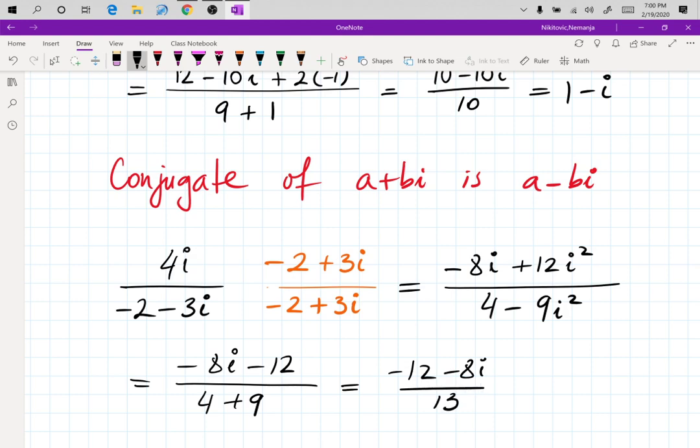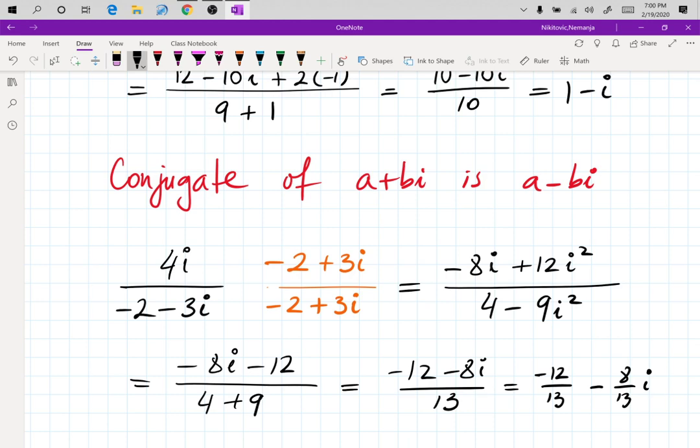Now, does this look like a form of a complex number? And the answer is no. A complex number has a and bi separated. You have a common denominator of 13. If you want full credit, you have to write negative 12 over 13 minus 8 over 13i.